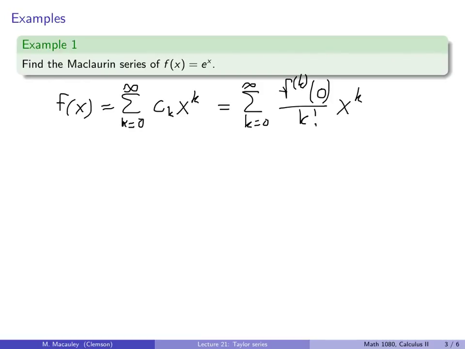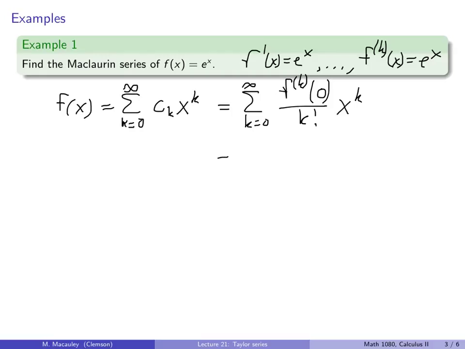Okay, so what's the kth derivative of the function? If f of x is e to the x, then f prime of x is e to the x, the second derivative is e to the x, and so forth. Every single derivative is just e to the x.